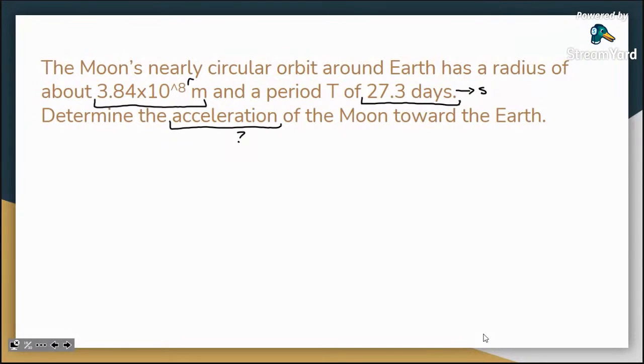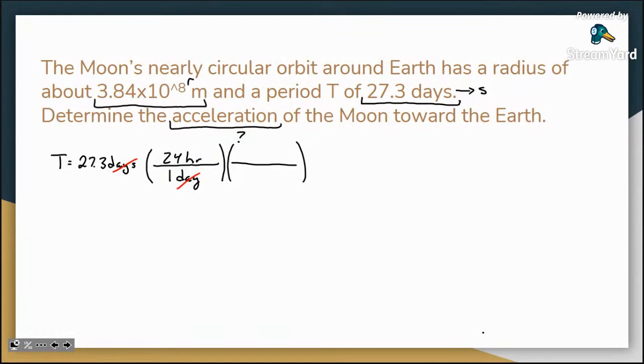Okay, so first thing I want to do is take this period of 27.3 days and convert that over to seconds. So the first thing I'm going to do is recognize that there are 24 hours per every 1 day. This will allow the units of days to cancel out and tell me how many hours that would be.